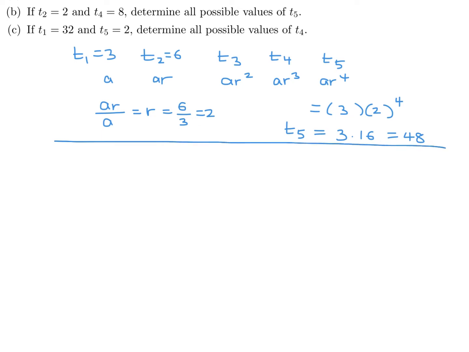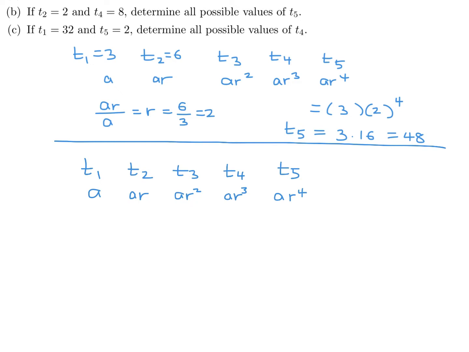Part B. If T2 is 2 and T4 is 8, determine all possible values of T5. T1, T2, T3, T4, and T5. So again, we have A, AR, AR squared, AR to the power of 3, AR to the power of 4.